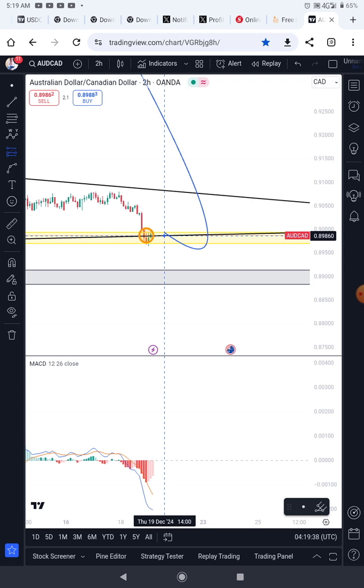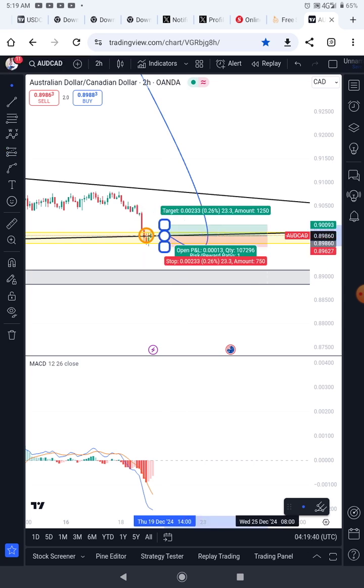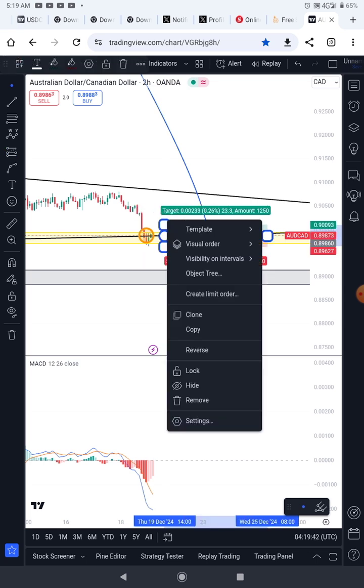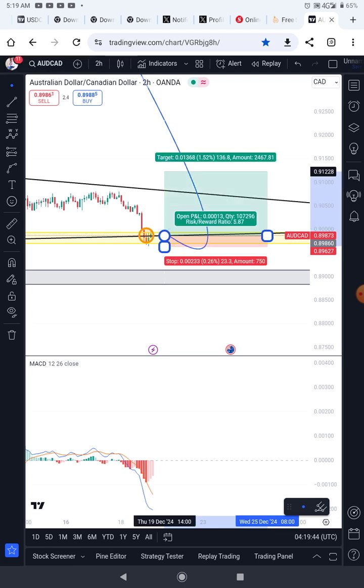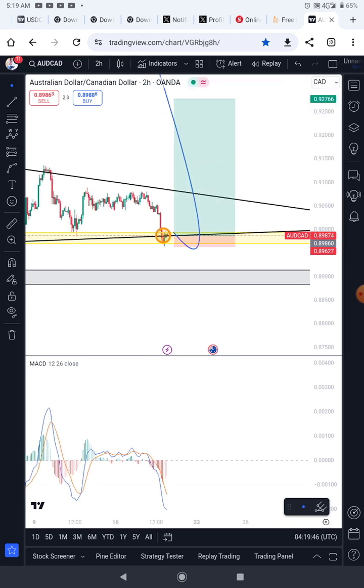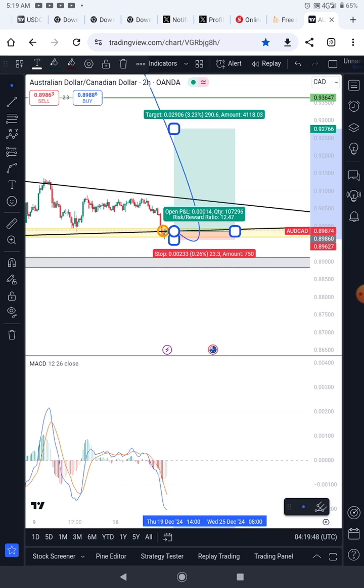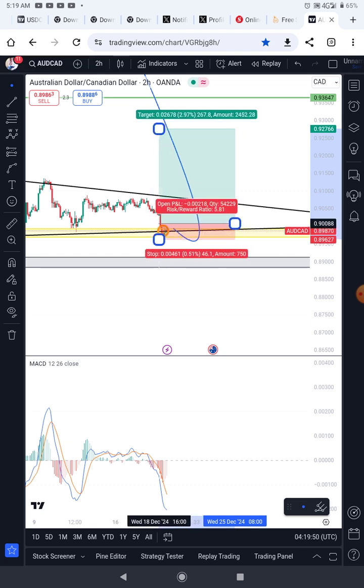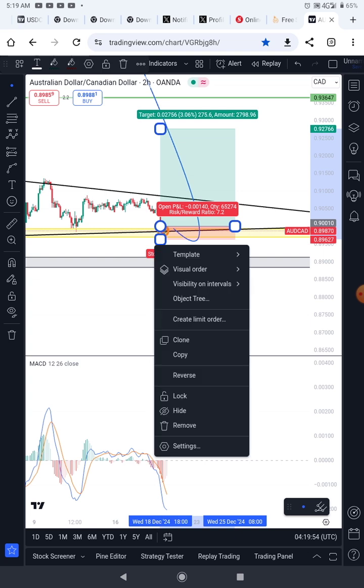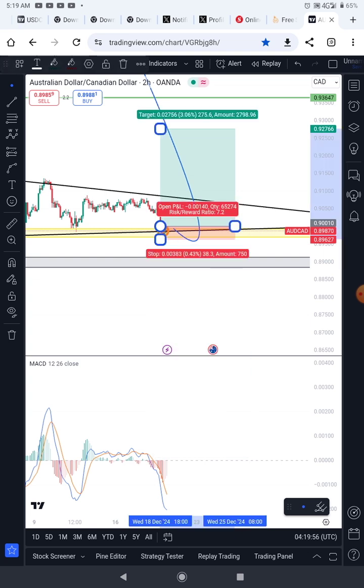Let's calculate our risk to reward ratio. Just put your stop loss a little below the support zone.